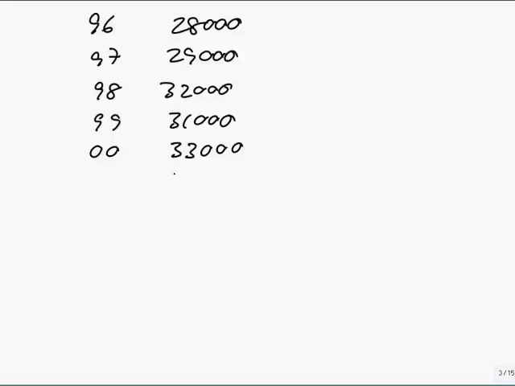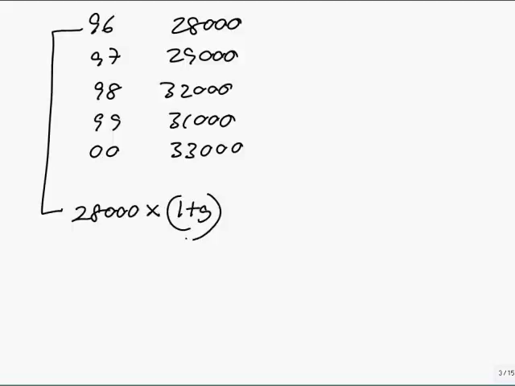On the information you're given, the earliest dividend was 28,000. I want to know the average growth rate. Well, if it was growing at g per annum, would you agree after 1 year it would have grown to that much if it was growing at a fixed rate per year?